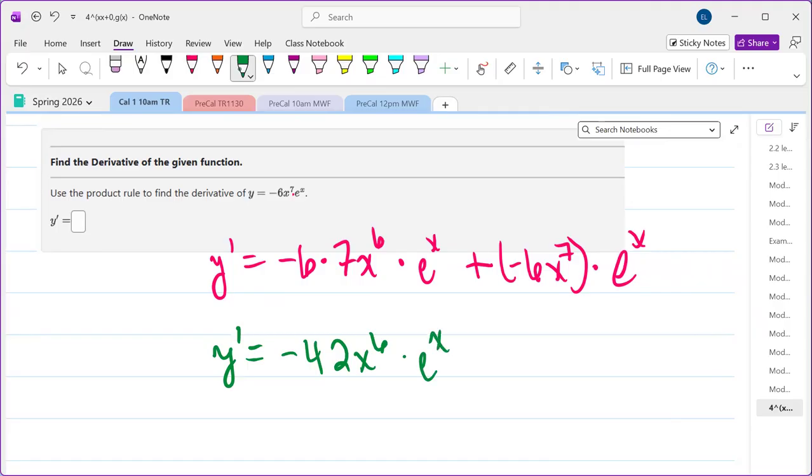So I have negative 42x to the 6th times e to the x minus 6x to the 7th times e to the x. So we got the e to the x showing up in more than one spot there.